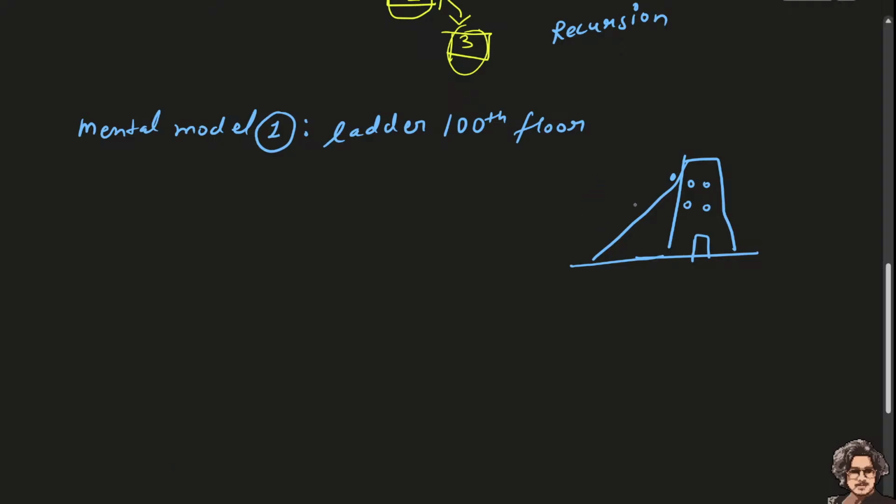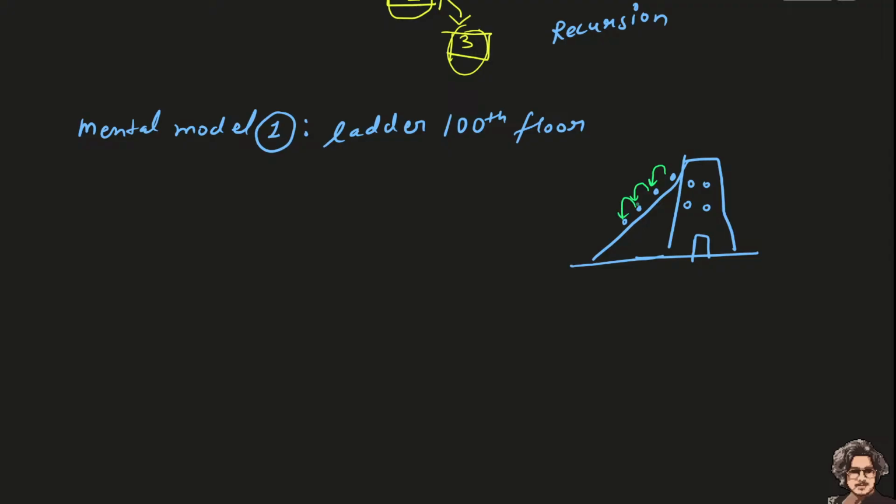In that case, you ask the person below you, another person is here, and another person is here. You ask this person to please go one step down, and he asks the next person to go one step down.